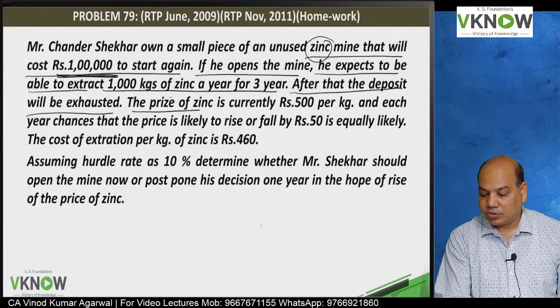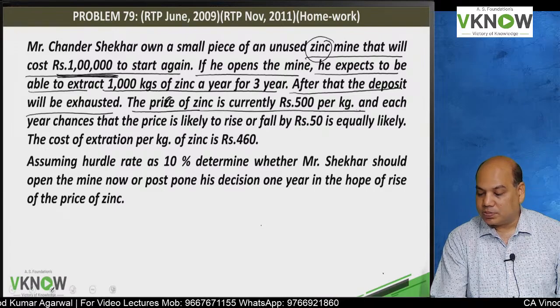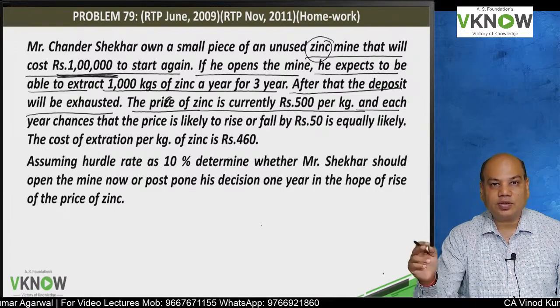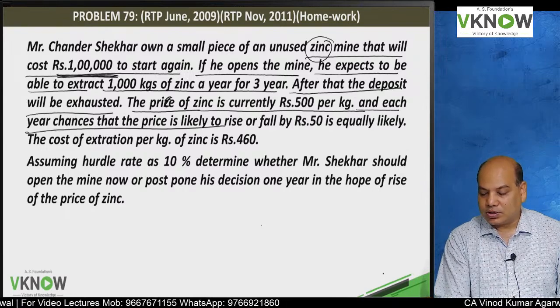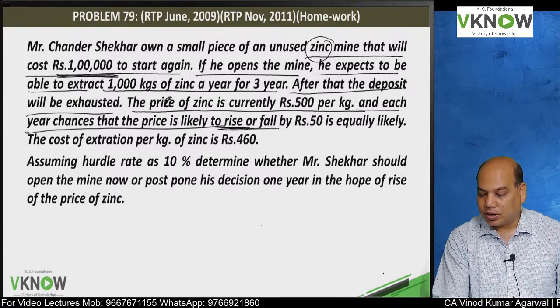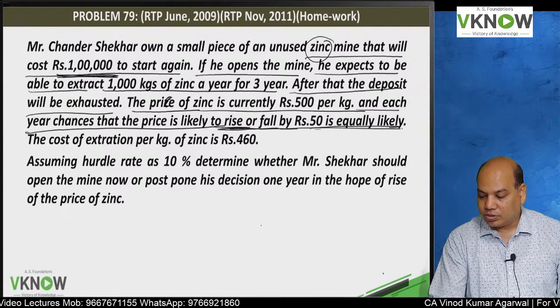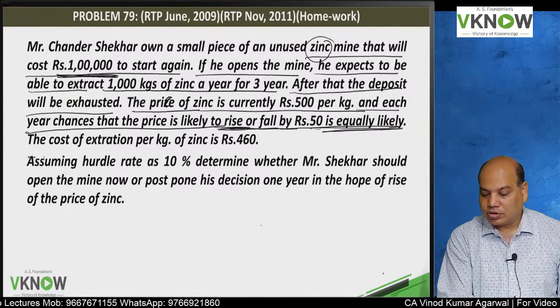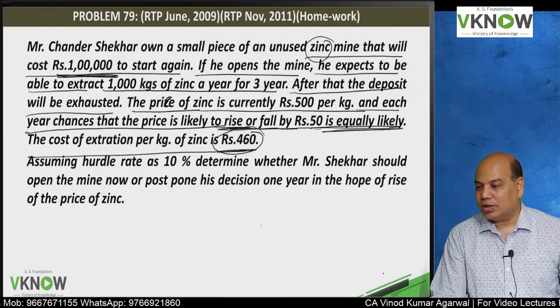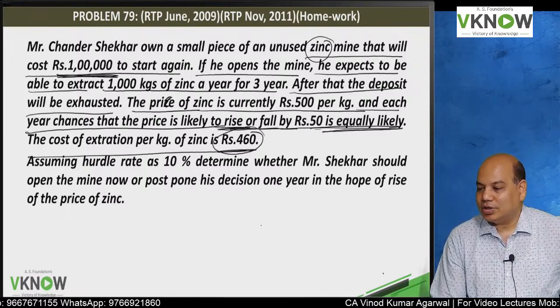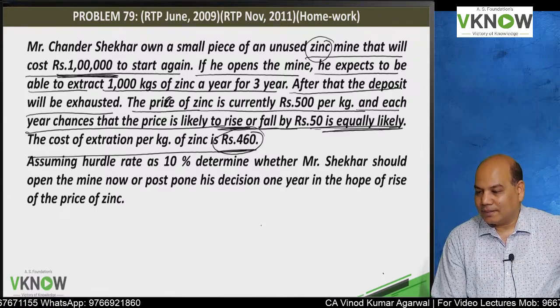The price of zinc is 500 rupees per kg. Instead of 5000, they have made it 500. And each year the price is equally likely to rise or fall by 50. Cost of extraction is 460. Oh my god, same question divided by 10. Each number divided by 10.